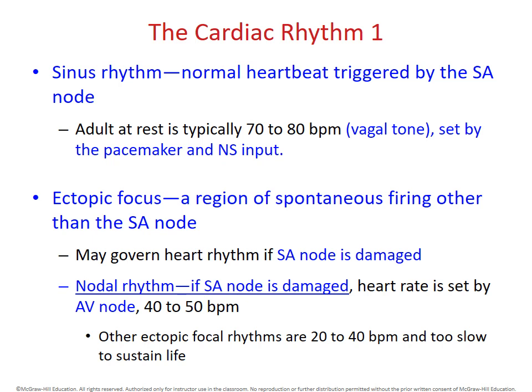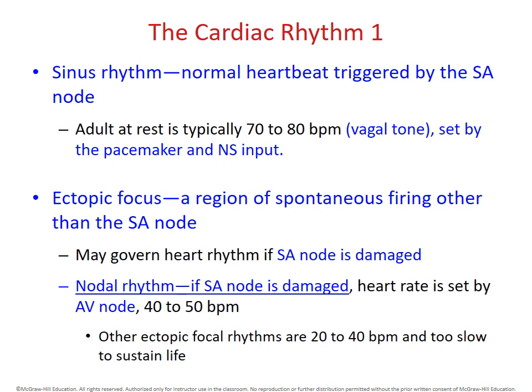On your PowerPoint, towards the bottom of the slide, it says you create a nodal rhythm if your SA node is damaged. So your pacemaker cells are not firing consistently and initiating that heartbeat. Instead, the heart rate will be set by your AV node, which significantly lowers your vagal tone to 40 to 50 beats per minute.